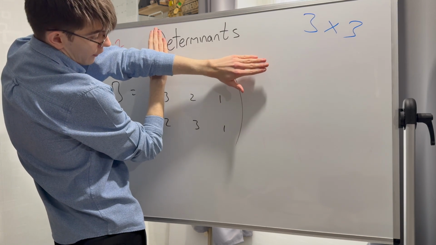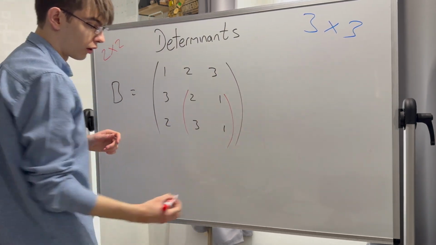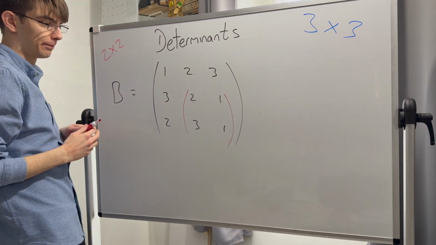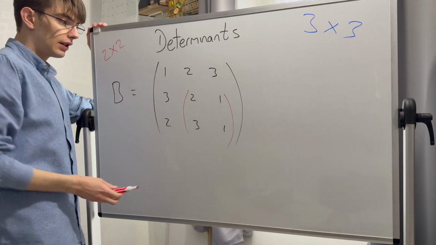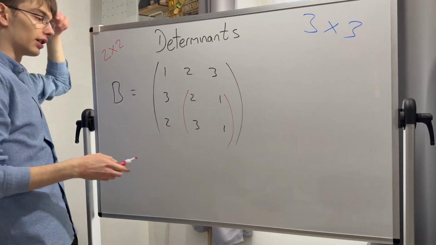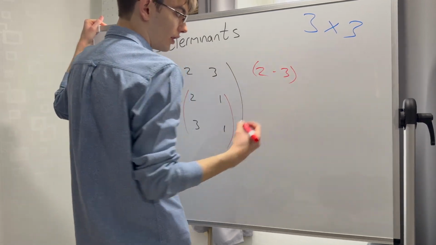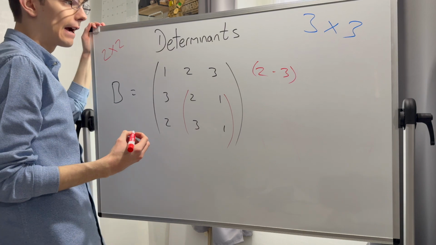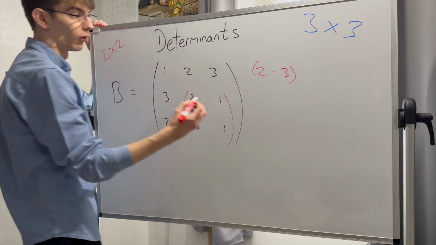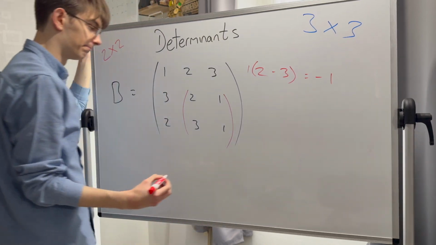And I see what I've got left: the matrix 2, 1, 3, 1. So I find the determinant of this matrix: 2 times 1 is 2, minus 3, the determinant is minus 1. Then I multiply it by the number that I crossed out, so by 1, and I get just minus 1.